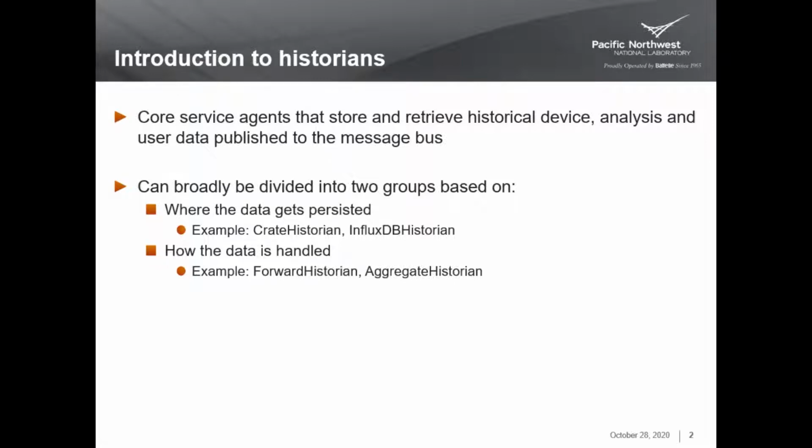Another example in this type is an aggregate historian. An aggregate historian computes aggregates such as average, mean, etc., and stores the aggregated data instead of the actual data received from the message bus. So these are the two broad types or groups of historians in VOLTTRON.